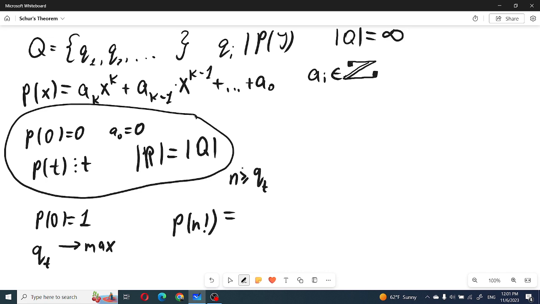Then we will see that this number equals 1 mod q1 times q2 times up to qt.